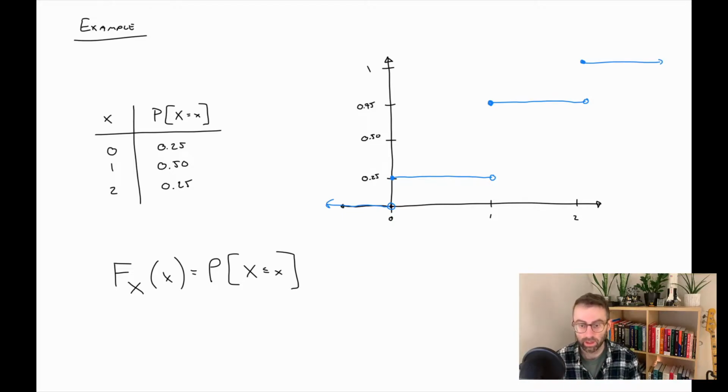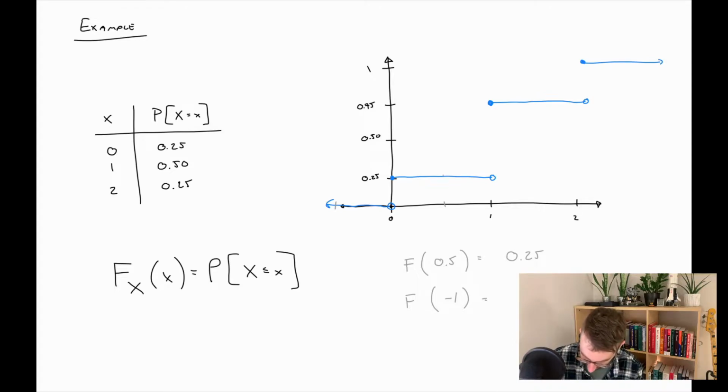So let's think about some things here. Some quick calculations. The CDF of, I don't know, 0.5 would be right about here, so 0.25. The CDF of, let's say, -1? That's somewhere over here, so right there.